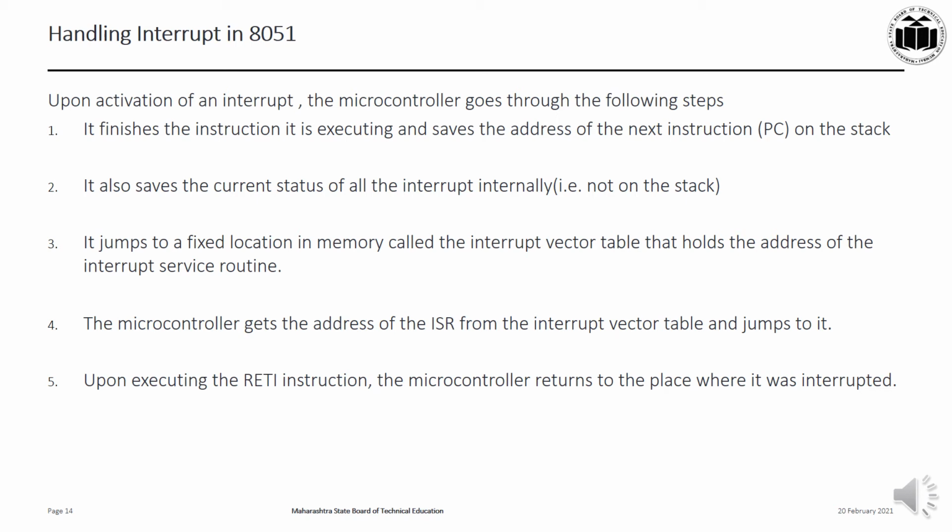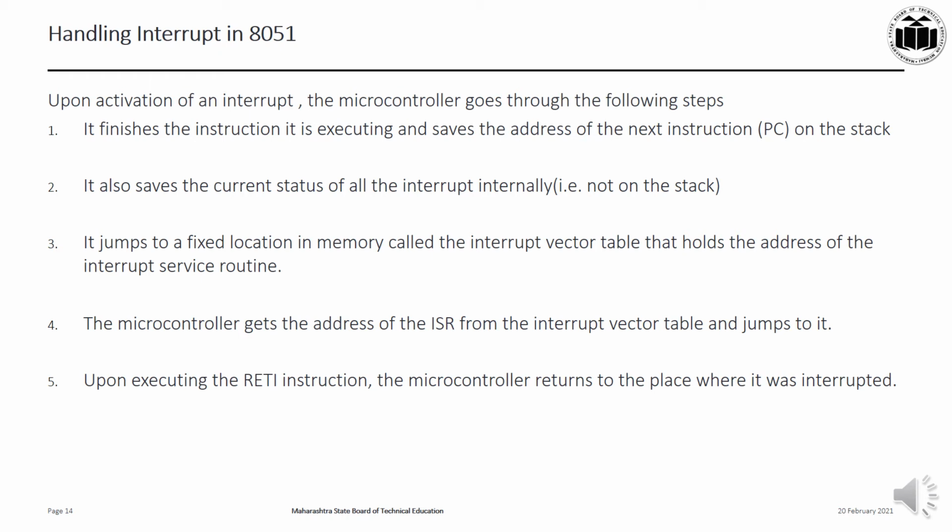Upon activation of an interrupt, the microcontroller 8051 goes through the following steps. First of all, it finishes the instruction it is executing and saves the address of the next instruction, that is, the program counter, onto the stack. Then it also saves the current status of the interrupt internally, and then it jumps to the fixed location in memory called the interrupt vector table that holds the address of the interrupt service routine.